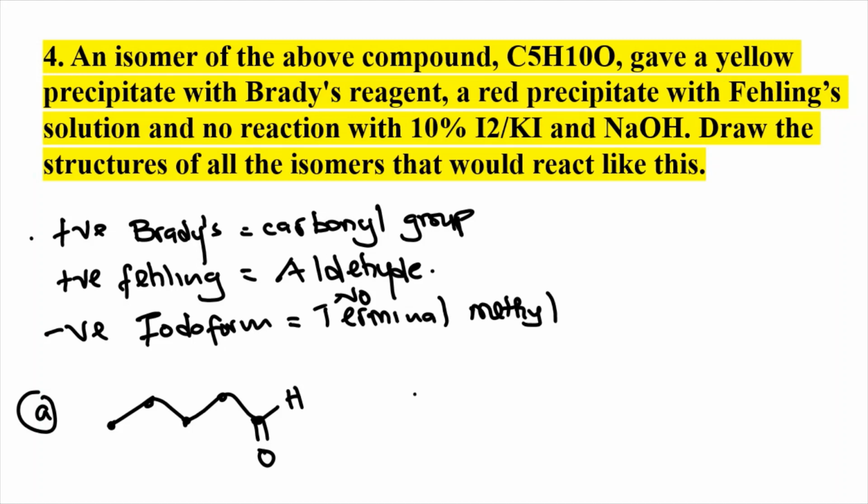The second one would be this, 1, 2, 3, 4, and then 1, 2, 3, 4, to be this. So these are the possible structures for this question.